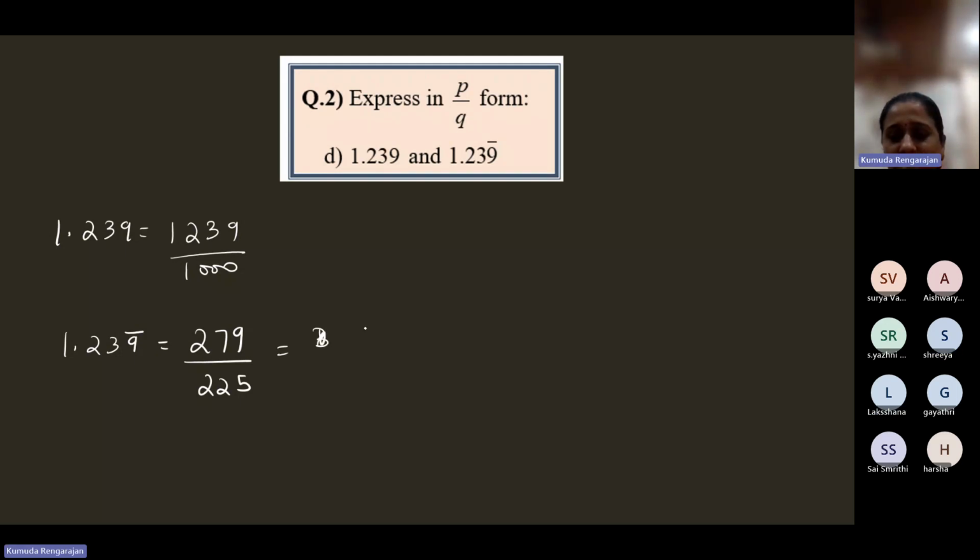Lakshana, I'm sorry, please come again. What did you say? 31 by 25. One second. Oh, 30. I didn't divide it correctly. Yes, Lakshana, I'm sorry. With the calculator, I went wrong calculating.